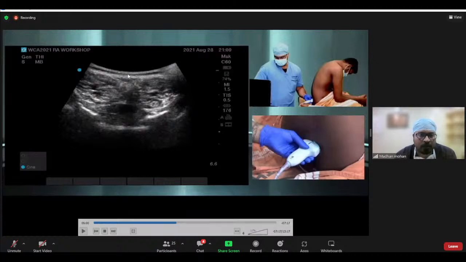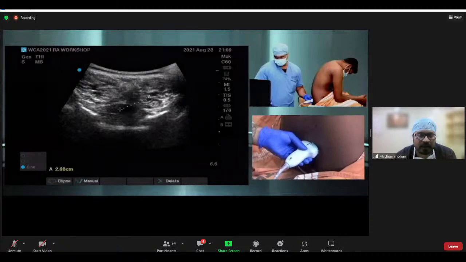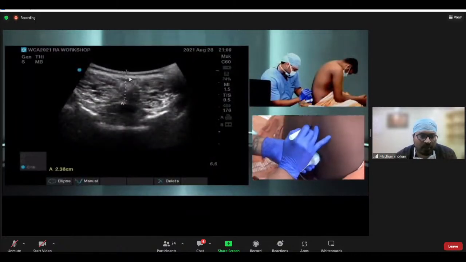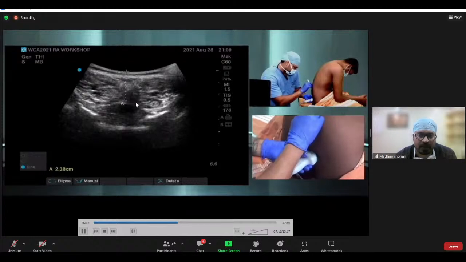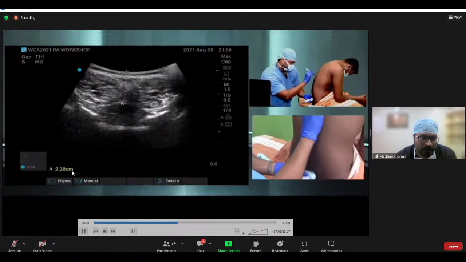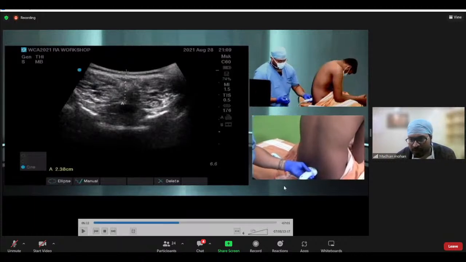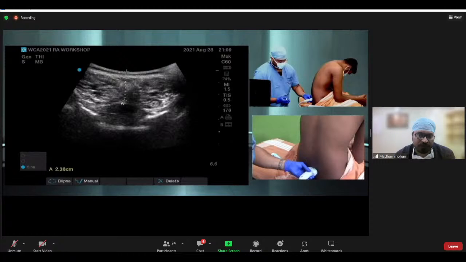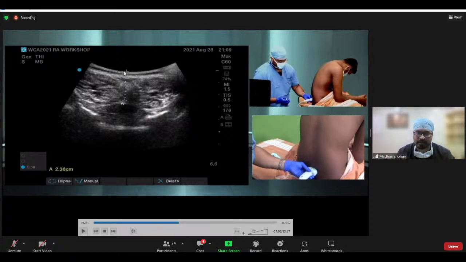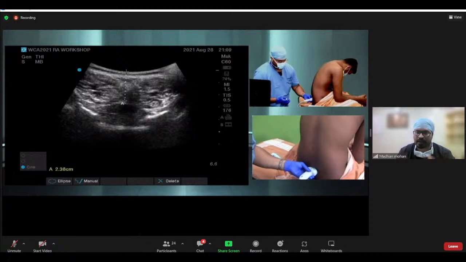Now you can make use of calipers and measure how far it is from the skin. This particular distance depends upon how much pressure we are putting over the soft tissue. Suppose you put maximum pressure, the structures are going to get compressed. In that case, the distance is going to be lesser than the actual one. So whenever you are doing this scan, keep the probe very gentle so that we minimize the compression of the soft tissue.